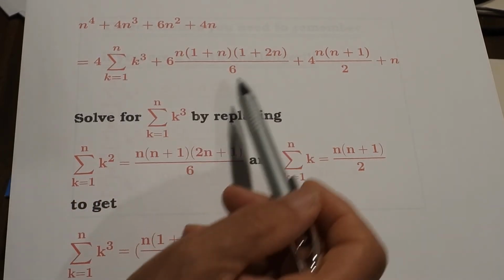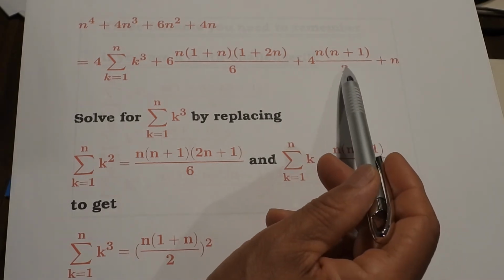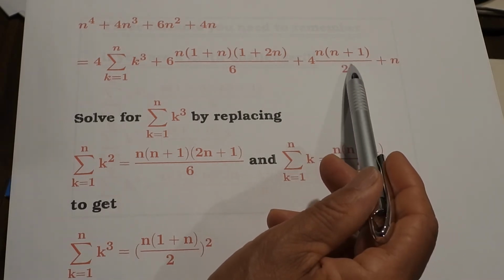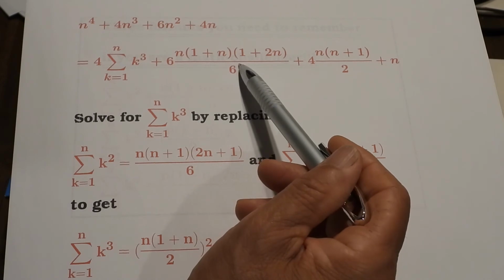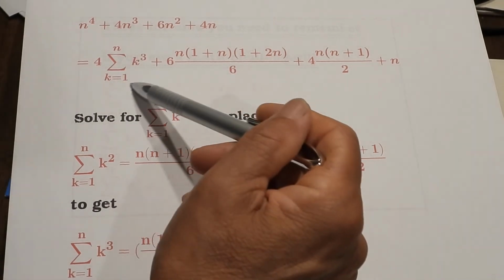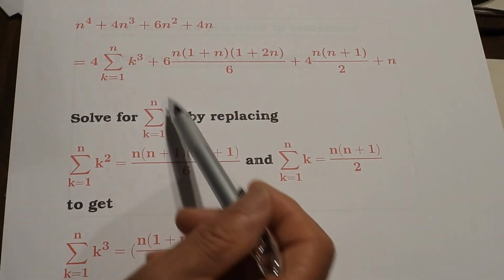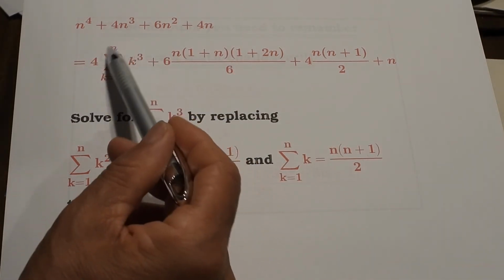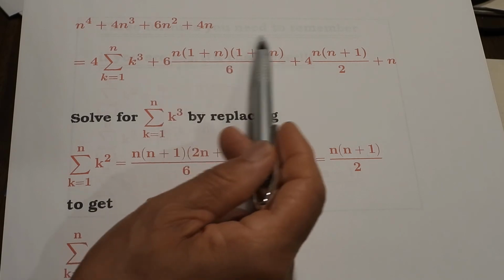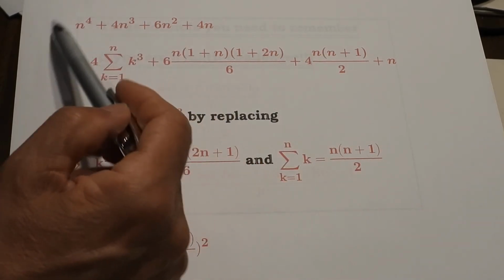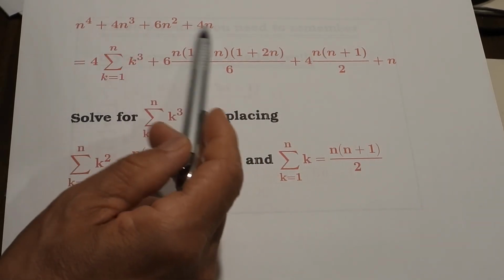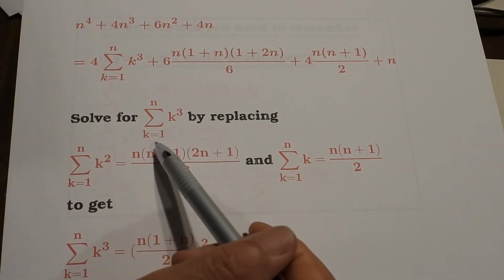And on the right side, you replace with the formulas for sigma k and sigma k squared. But this one you don't have any formula yet. That's why we have to leave it. And then here, this is only a known expression. So moving all this to the other side and simplify, okay?